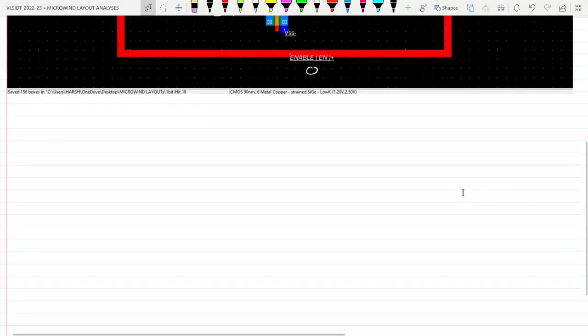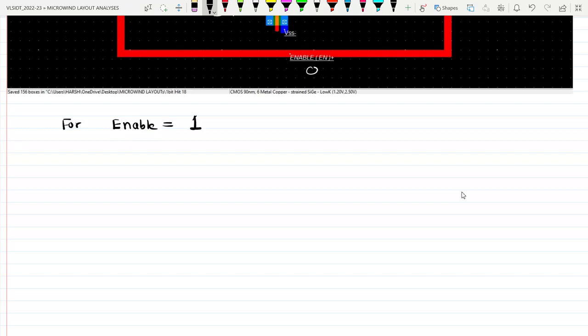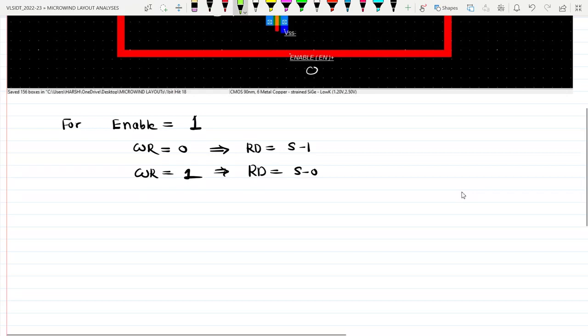So we can conclude here that for enable equal to 1, write equal to 0 leads to read equal to strong 1 and write equal to 1 leads to read equal to strong 0.